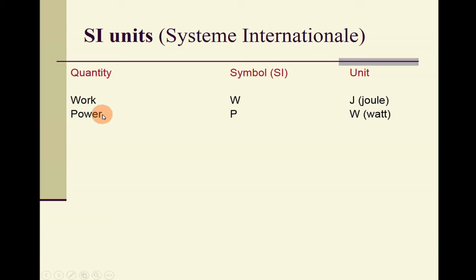When we discuss power, it is represented by the symbol P and its unit is watt. Density is denoted by the Greek letter rho and its unit is kilogram per meter cube. Pressure is denoted by the symbol P and its unit is Pascal. Remember that the Pascal is the SI unit of pressure.